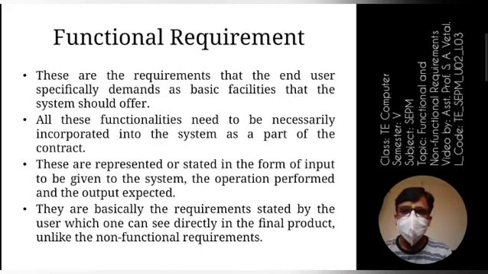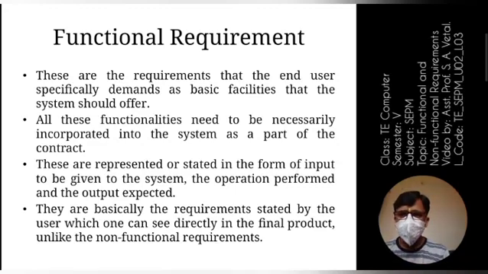So this is one of the functionalities provided by that system, and we can call it a functional requirement. All the banks or customers need this function in their system. That is why they provided the requirement that they want such functions in their system. These are the functional requirements that end users specifically demand as basic functionality.